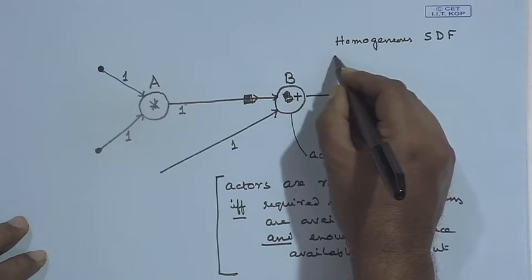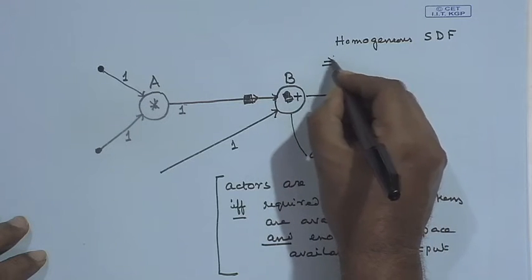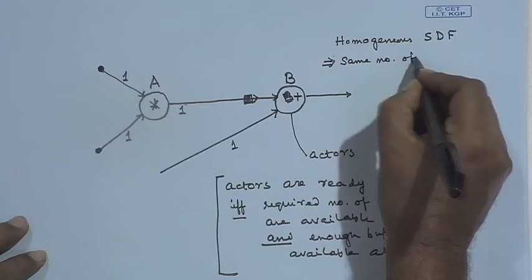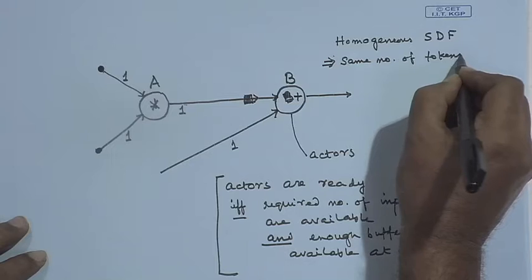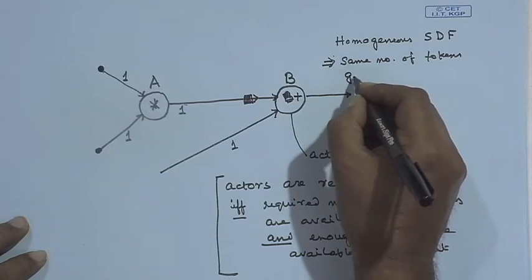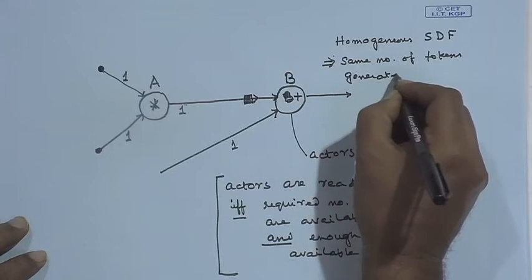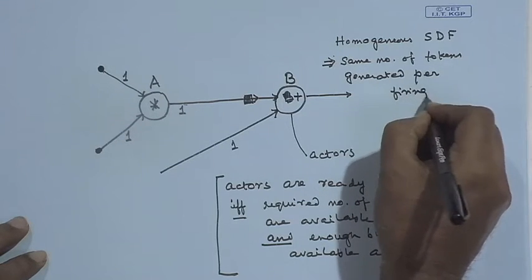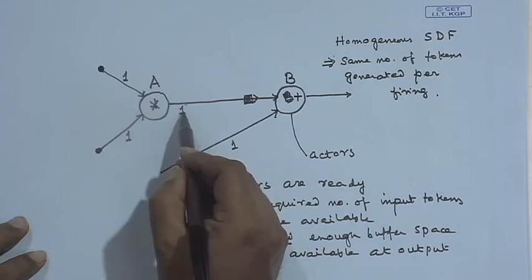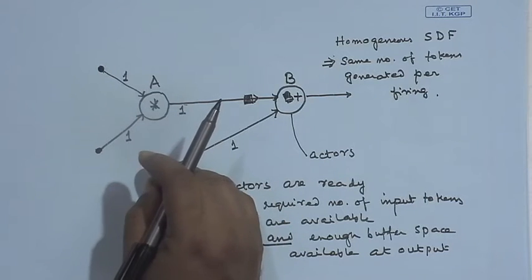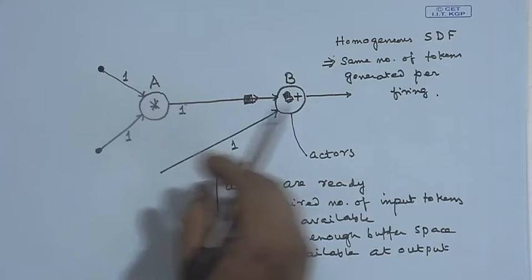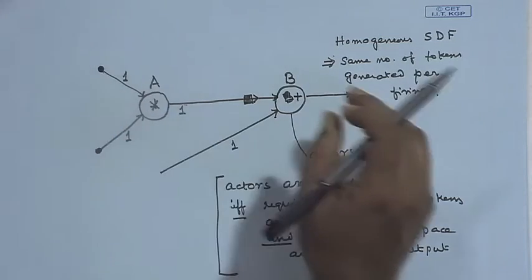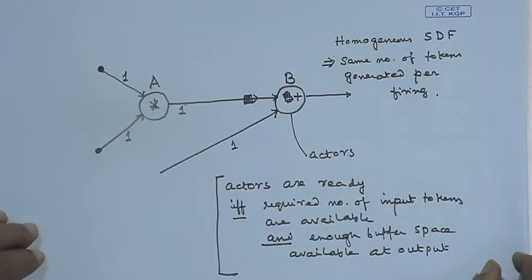Non-homogeneous implies not the same number of tokens generated per firing. So, if this fires, there will be one token generated, but that is not the general case. We can also have non-homogeneous, and in fact, we will be looking at the non-homogeneous ones more.